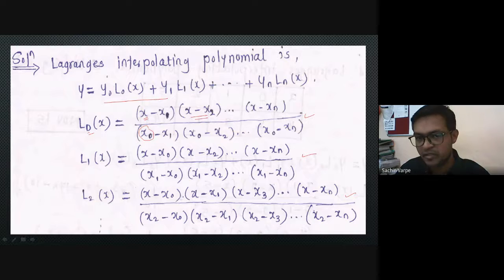All those factors with x will be replaced by x0. You can check. Similarly, while writing L1, I'll skip the factor x minus x1 and write all the other factors in the numerator. While writing L2, I'll skip x minus x2 and so on.